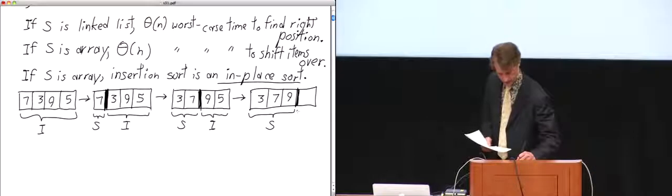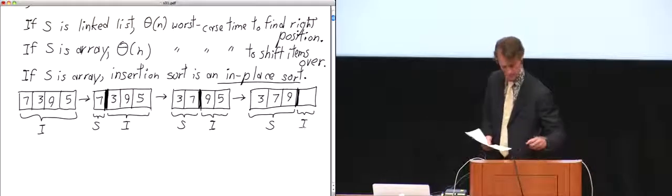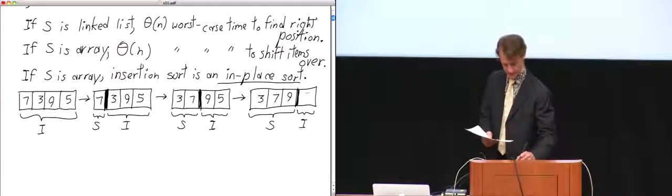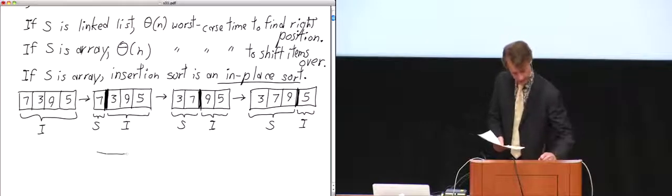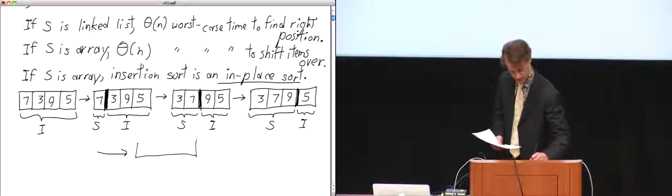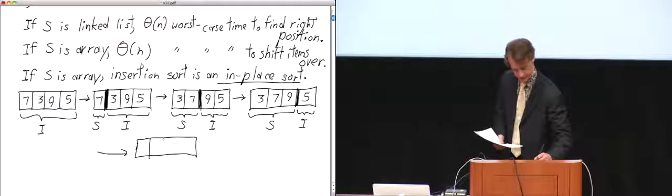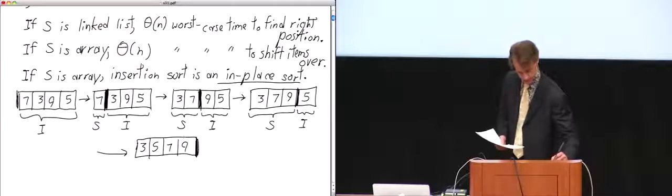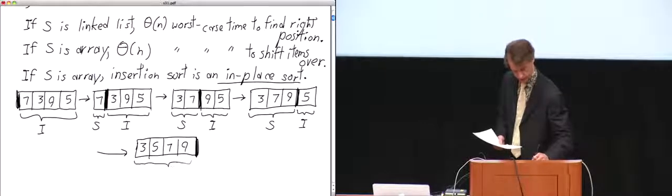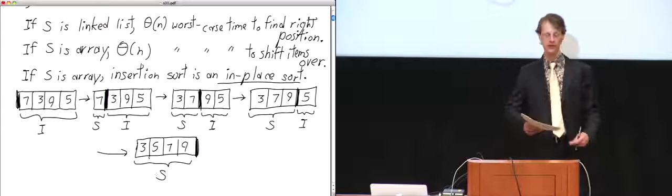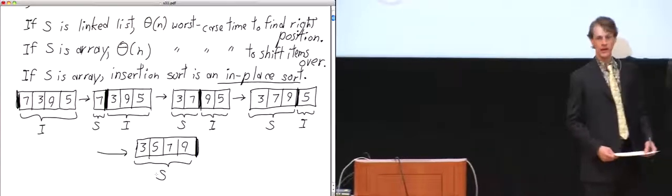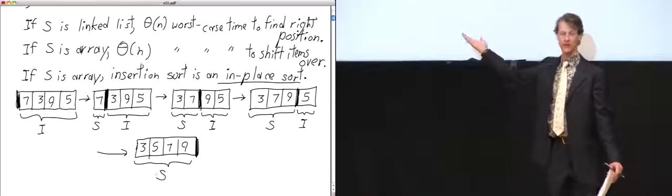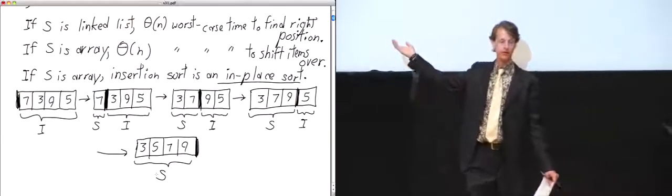And I still have one item left that has not been added to the sort yet. And then finally, I will insert that 5 into the rest of the array. And now the whole array is sorted. Nothing is left unsorted. And I didn't have to use any extra memory except for a few local variables.